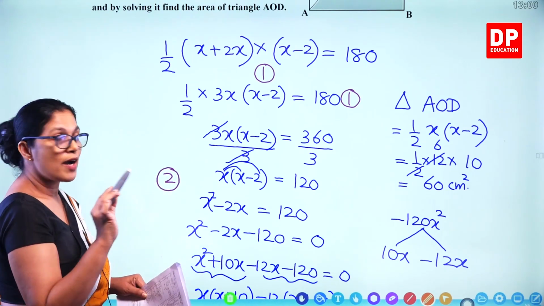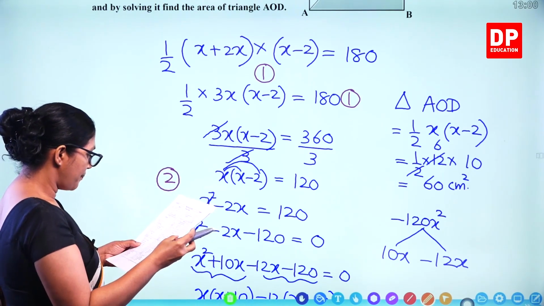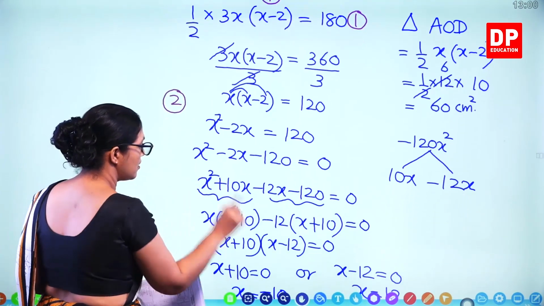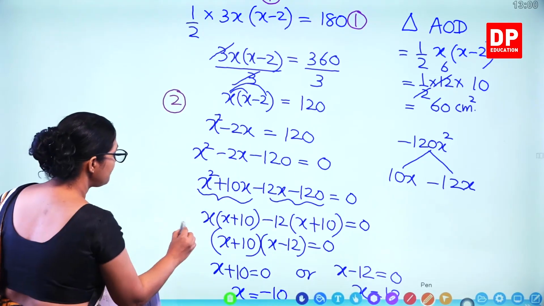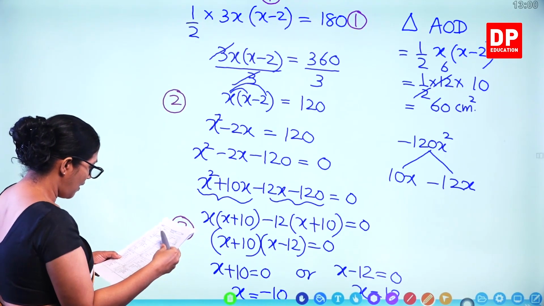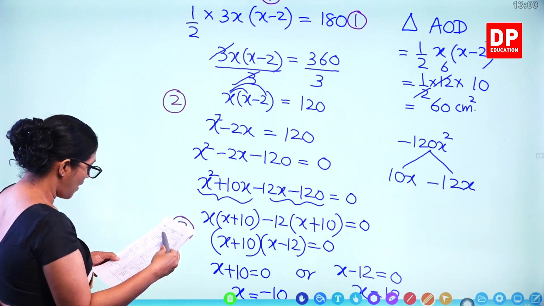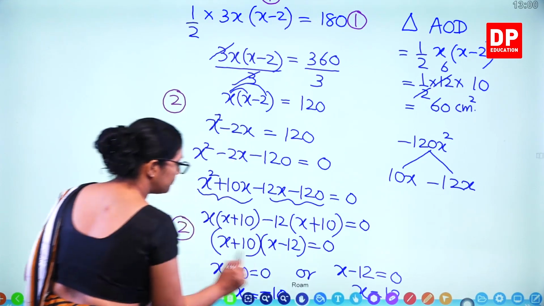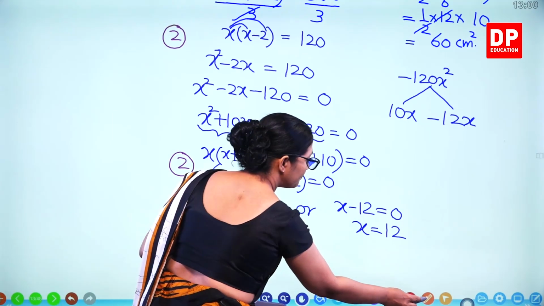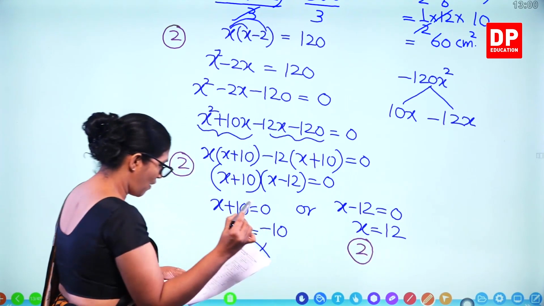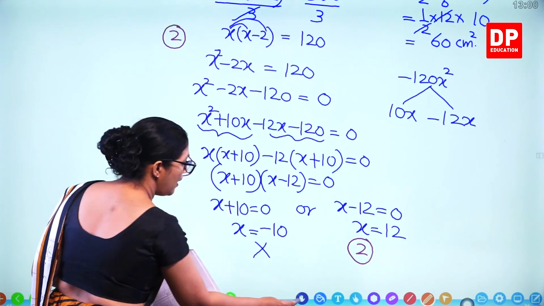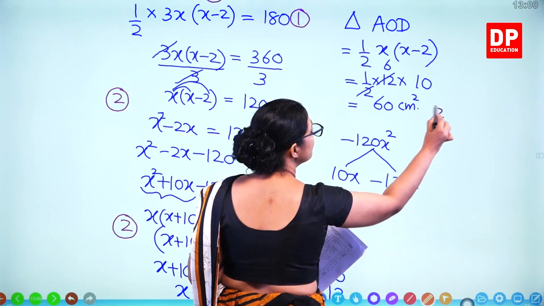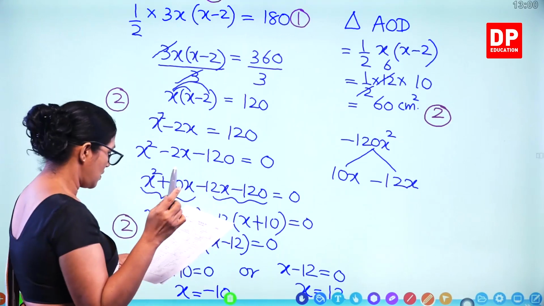So altogether 4 marks for the quadratic equation. Then factorizing this one, you get 2 marks up to this point. And then finding x values, 2 marks. And finally finding the area of AOD, 2 marks. So altogether 10 marks given.